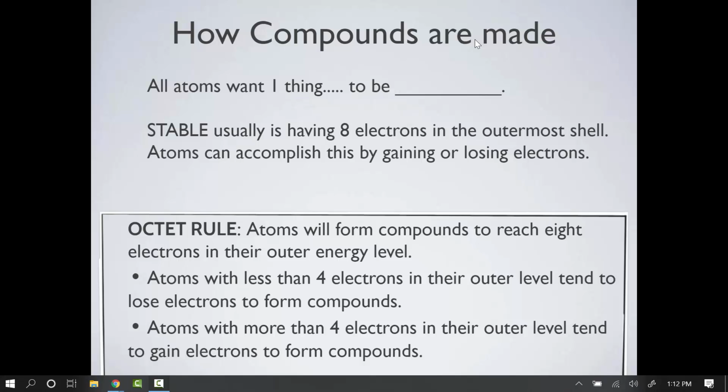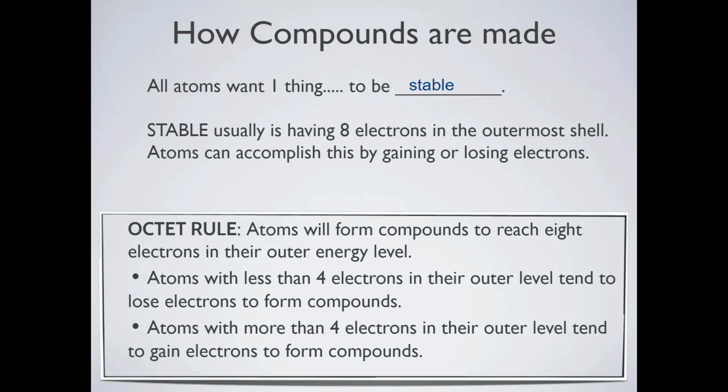All right. So why do certain elements bond with other elements at certain times? Well, first off, all atoms want to be stable. And for the most part, now there's exceptions to these rules, we're taking a very simplified view of chemistry here. So when you take chemistry maybe in 10th grade, you're going to learn a lot more detail about these things.